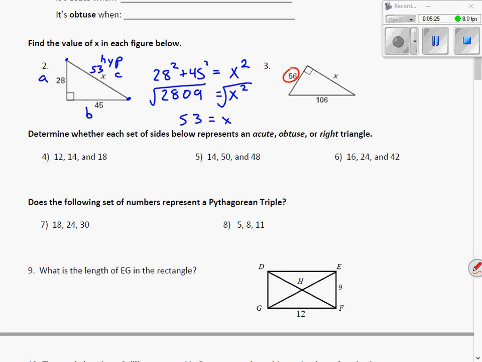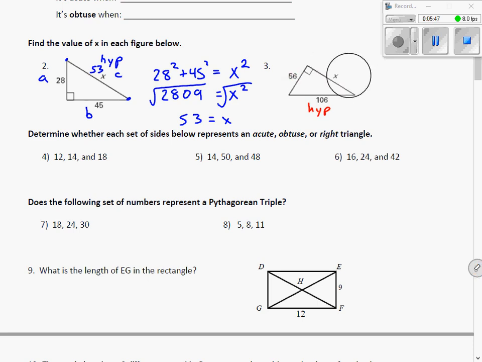Now in this case, we know the hypotenuse. We're missing a leg. So even though we start out with the Pythagorean theorem, we're going to have to subtract to get whatever we're going to call that A or B by itself.